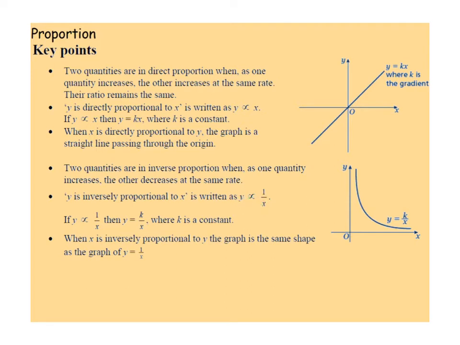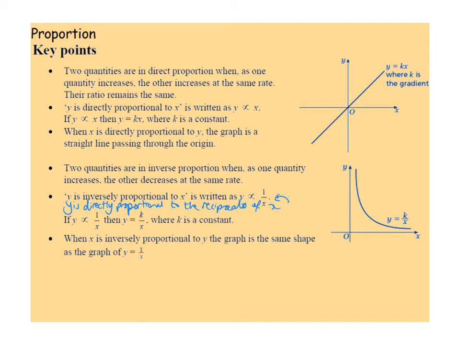Okay, so y is inversely proportional to x would be the same as saying that y is directly proportional to the reciprocal of x, which is what this statement says. And then applying what we've learnt in this key point here, we know that we can change this direct proportion symbol that we've got here into a constant of proportionality.